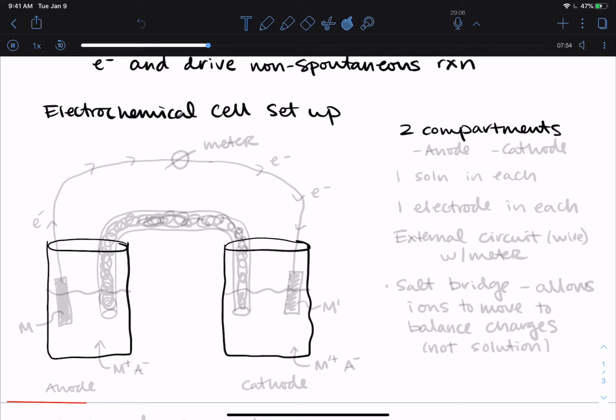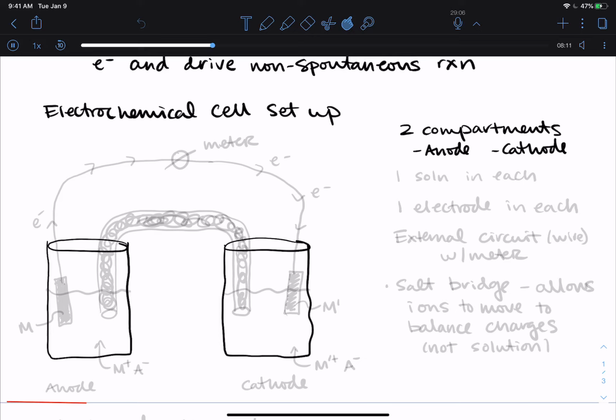The two compartments, one of them is the anode, one of them is the cathode. You will get definitions of what each of these mean later in this video.